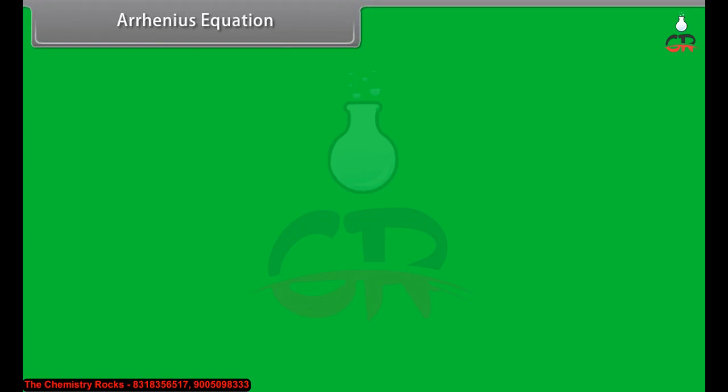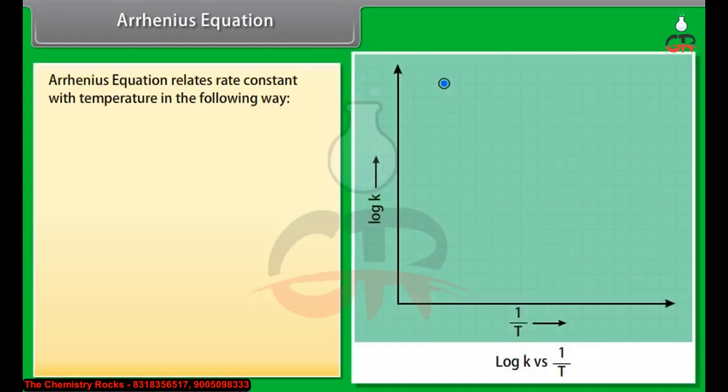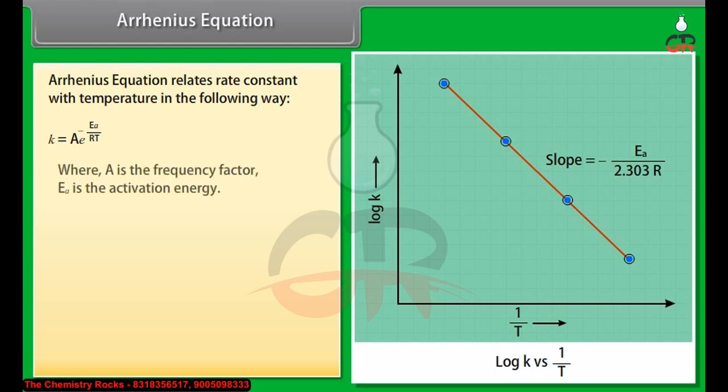Arrhenius equation. The Arrhenius equation relates rate constant with temperature as K is equal to the product of A and e raised to the power minus Ea upon RT, where A is the frequency factor and Ea is the activation energy.